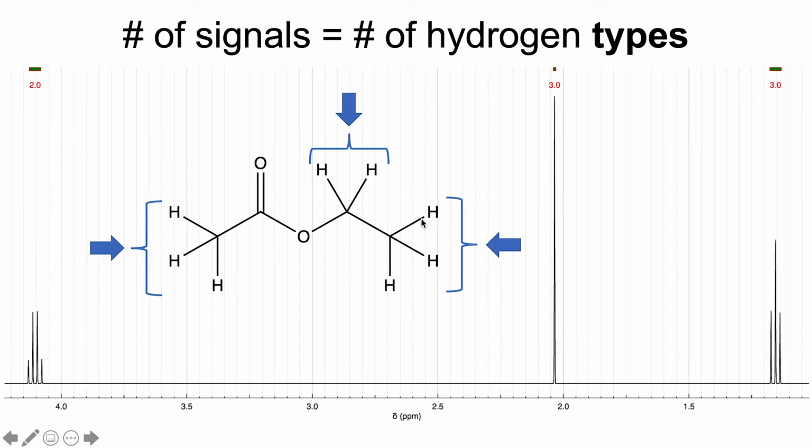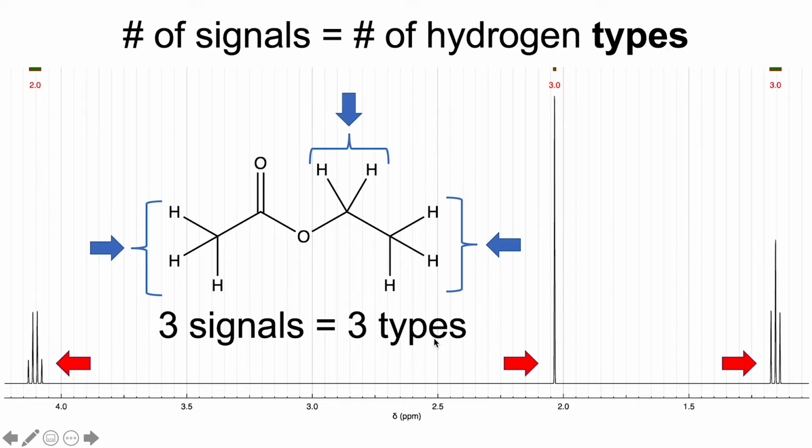So we have 3 types of hydrogen, and therefore we have 3 signals. So we have one signal here, and then we have one signal here. Okay, so 3 types of hydrogen, 3 signals. And this will hold true for all types of organic compounds. So if you had a compound with 5 signals, that would tell you there are 5 types of hydrogen. Okay, so 3 signals, 3 types.